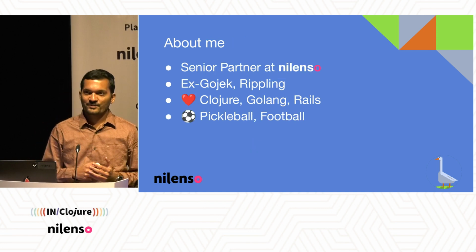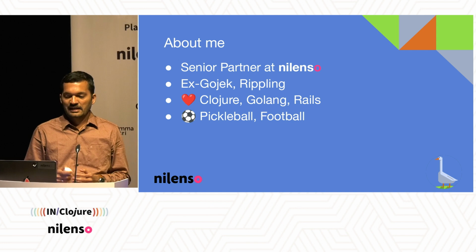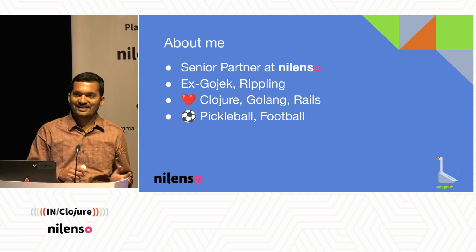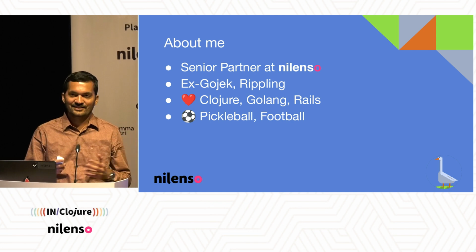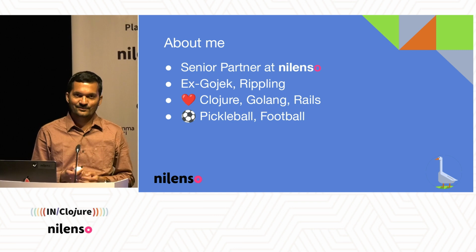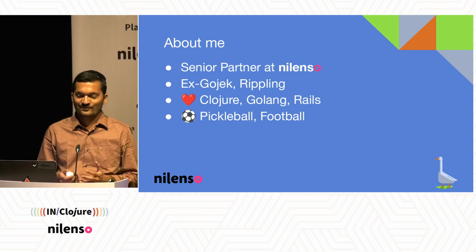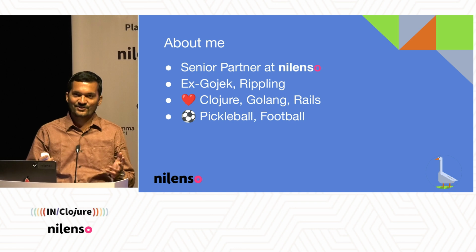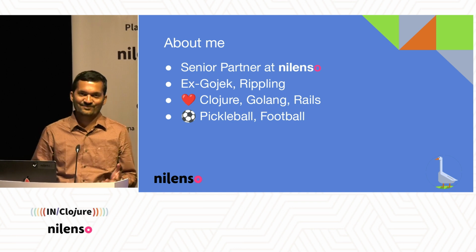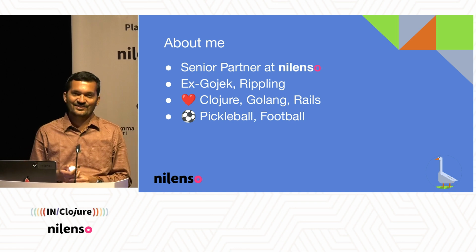So a little bit about me before we begin. I have known nilenso from 8 years back, when we were working together at Gojek and I learned from a lot of folks working there. So 2 years back when I was looking for a switch, nilenso had me at nice and passionate people. The thing that Steve kept mentioning was about the Clojure community, or us, trying to be nice.